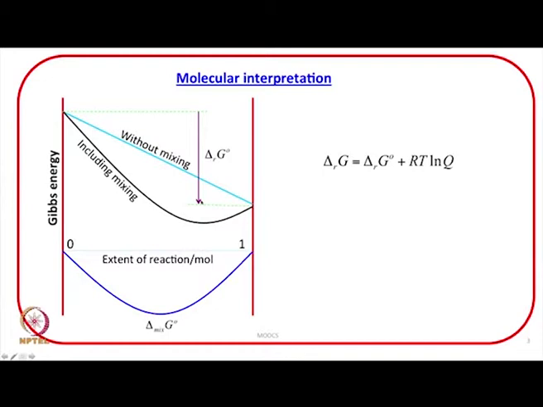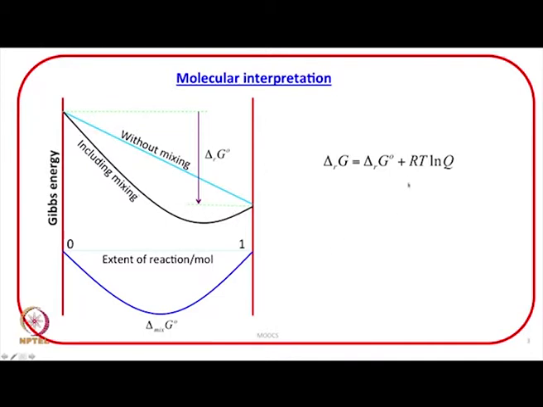However, if you allow the product formed to mingle with the reactants, the free energy of mixing term will also contribute. When you add the effect of without mixing and the mixing, then including mixing, the overall Gibbs energy change with extent of reaction is going to be according to this black line.